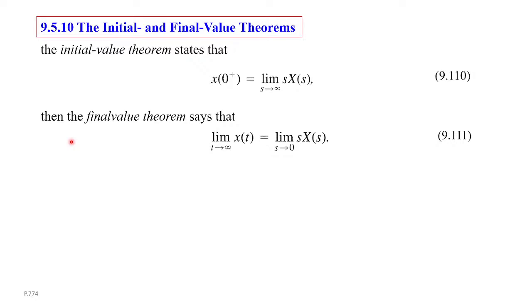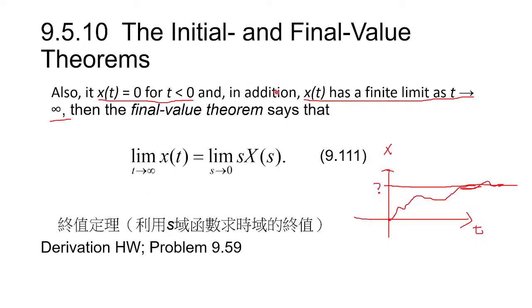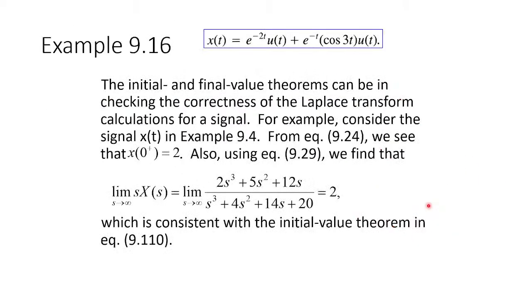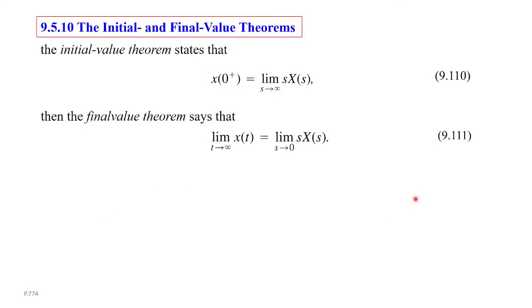Any more questions about the initial value and the final value theorem? I think you kind of just need to remember them. They are really nice. So you have those formulas, and I think they are pretty important. You need to satisfy the condition that x of t equals 0 when t is less than 0. And when that's true, then you have the initial value theorem and the final value theorem.